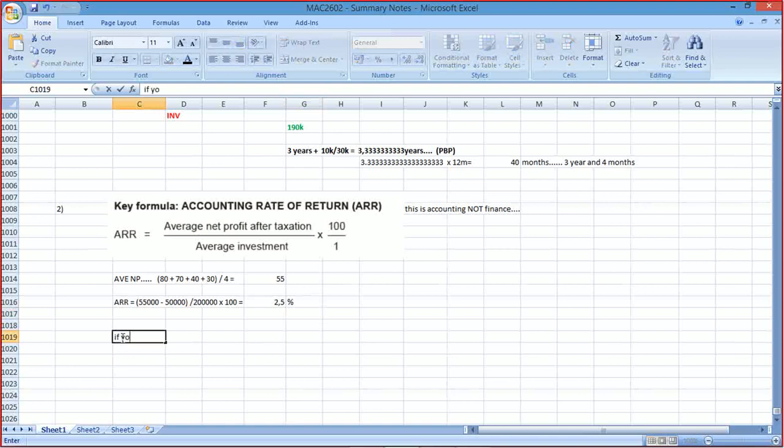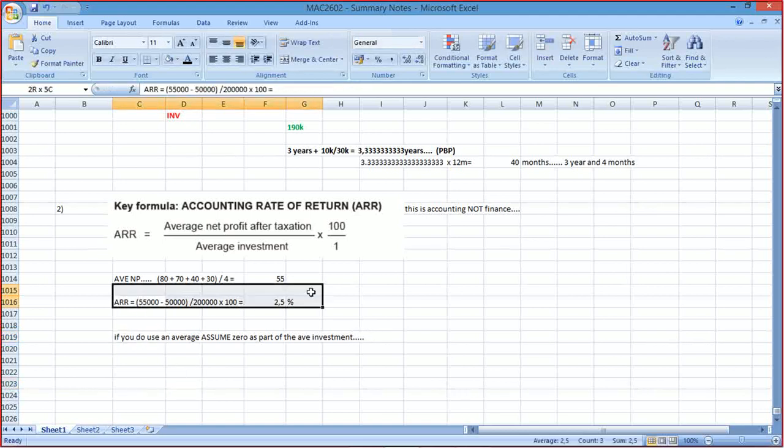If you do use an average, assuming 0 as the start and end, divide by 2, as the average investment, then you land up with the other answer.